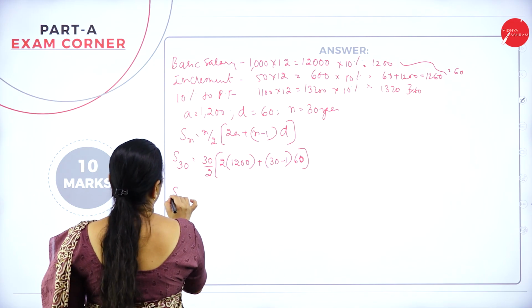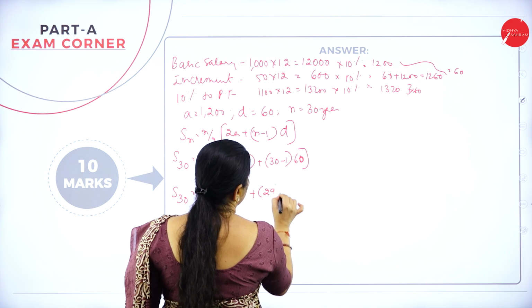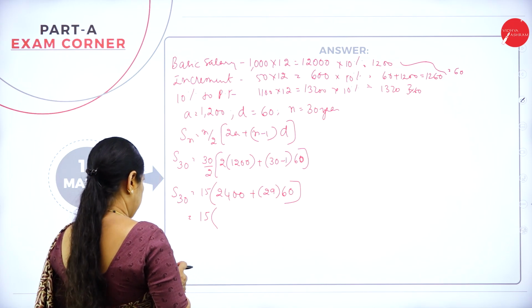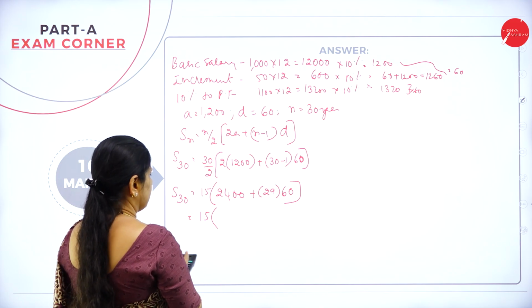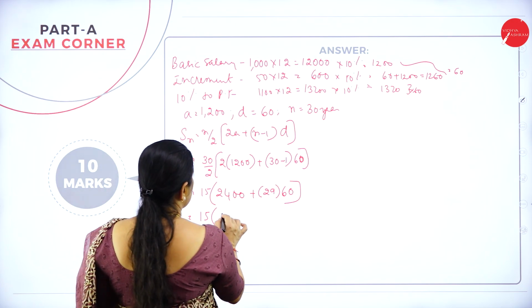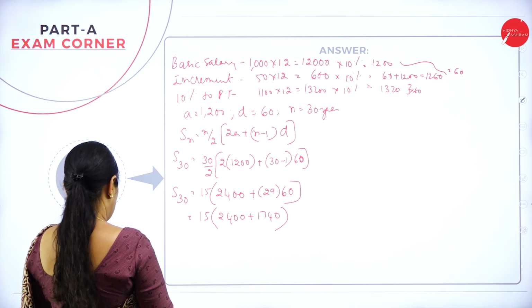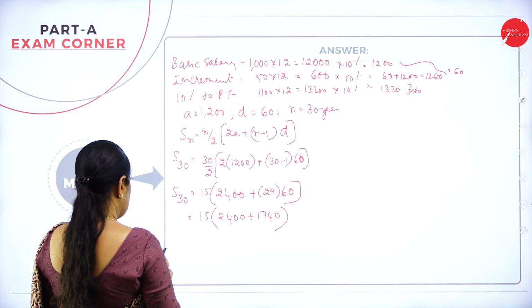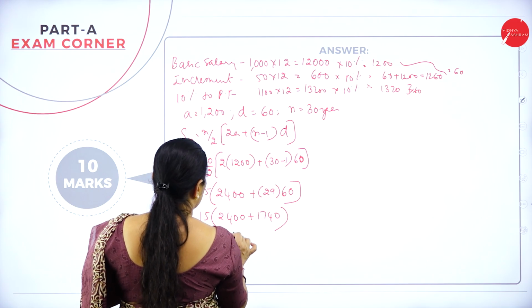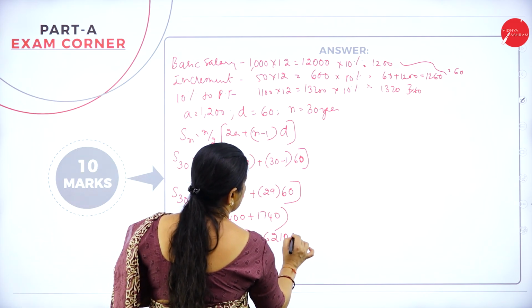So S30 equals 15 into 2,400 plus 29 into 60. 29 into 60 equals 1,740, plus 2,400 is 4,140, so 15 into 4,140 is equal to 62,100.